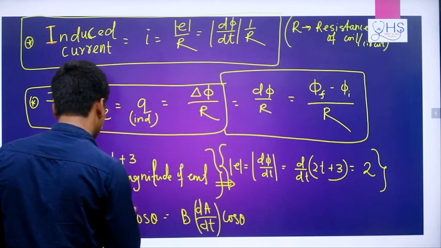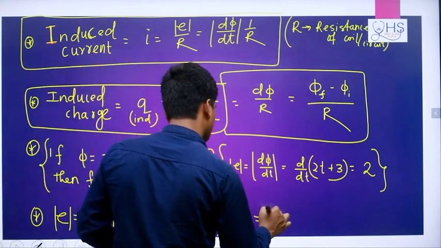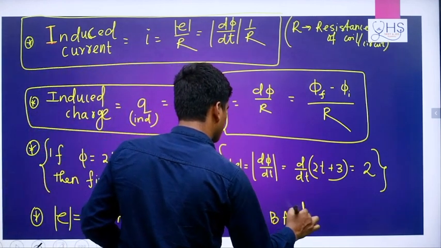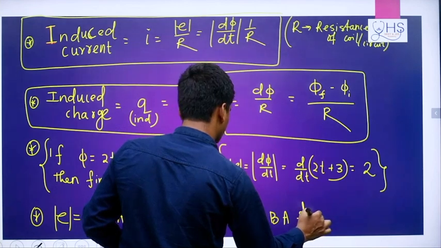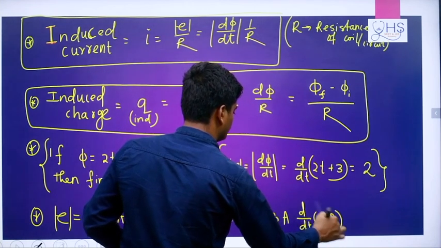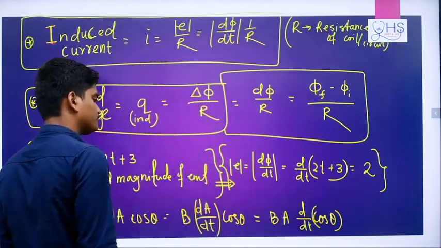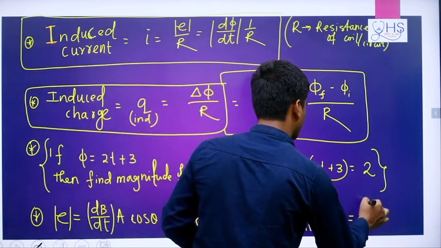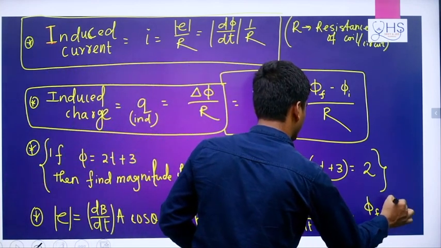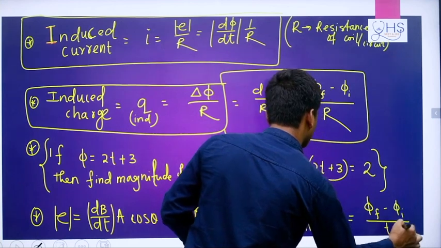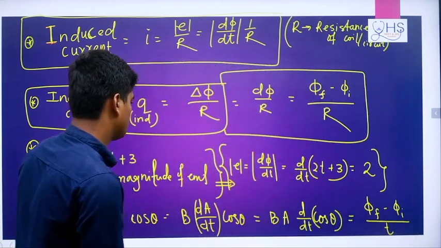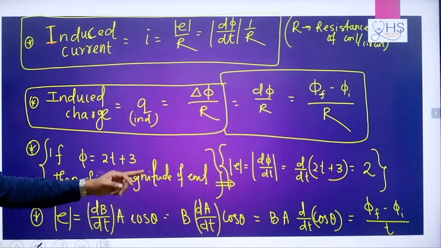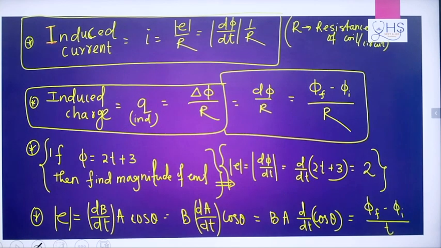Or, suppose there is a variation in theta, you can write that also with BA. Or normally you can write flux final minus flux initial by T. Sometimes we use this type of formula.